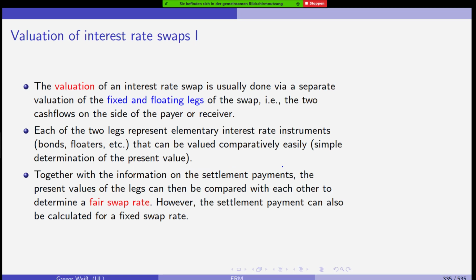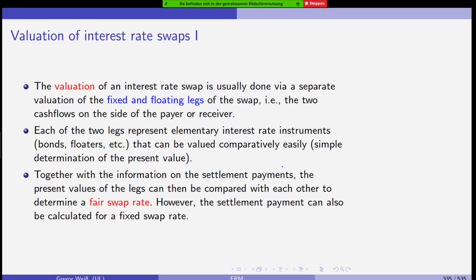So each of the two legs represent elementary interest rate payments, bonds, floaters, floating rate notes that can be valued comparatively easy. And together with the information on the settlement payments, the present values of the legs can then be compared with each other to determine the fair swap price.